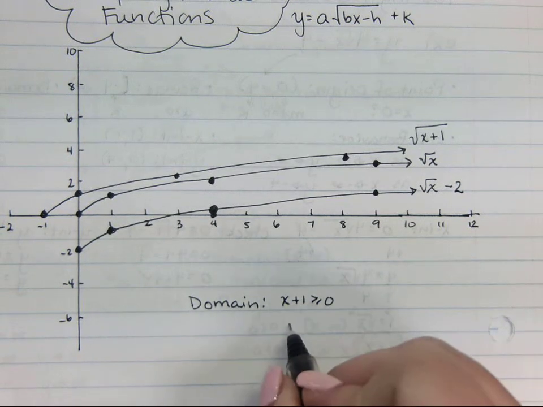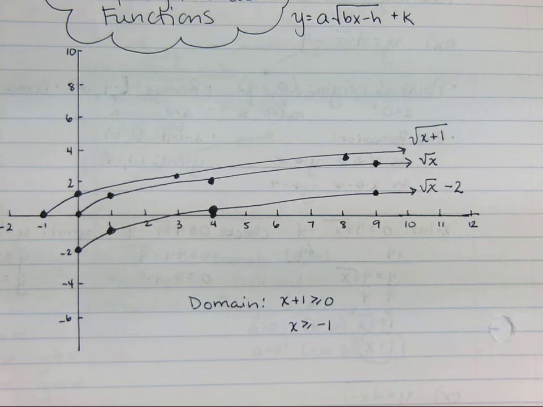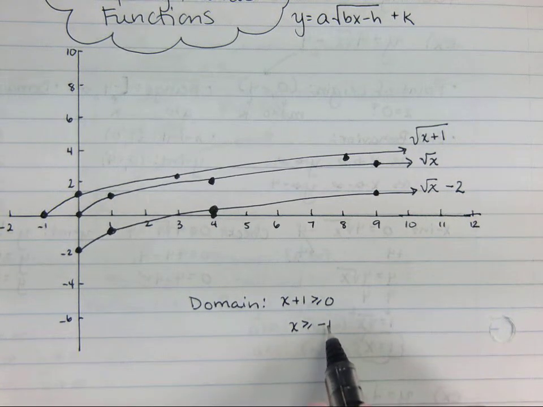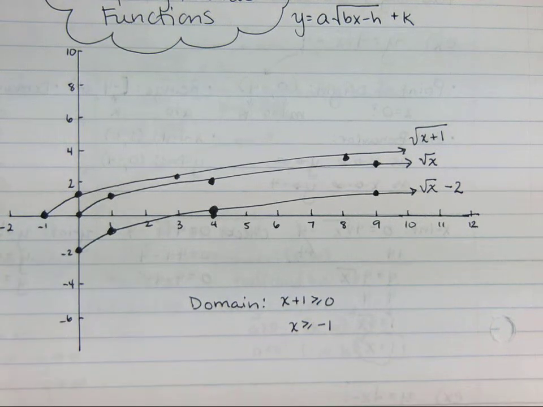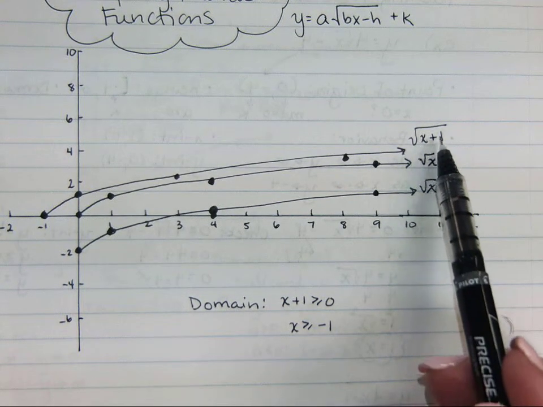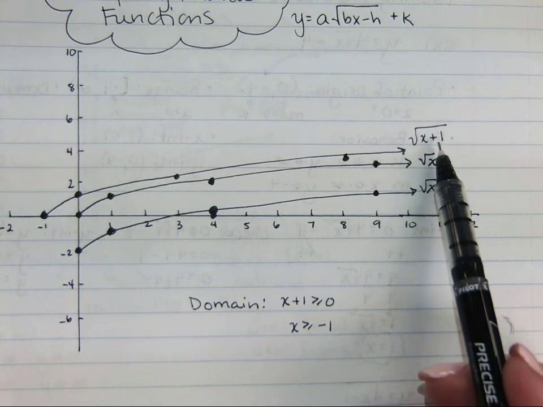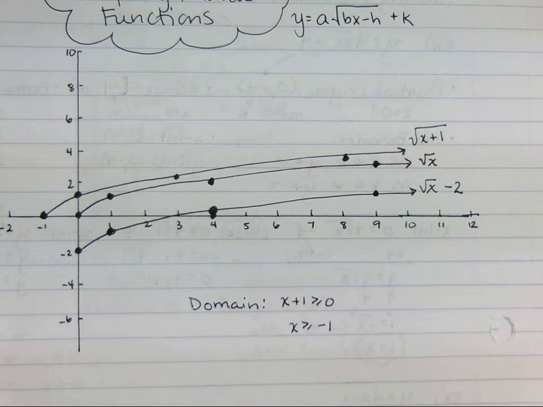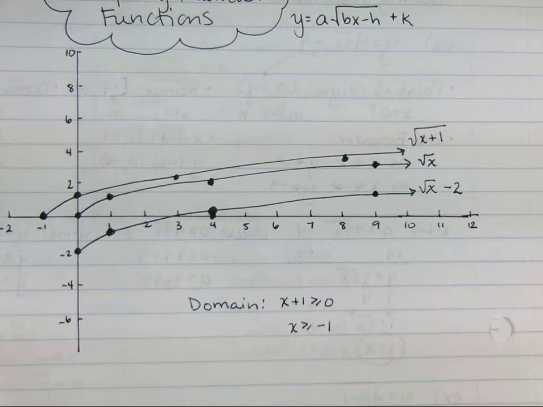And when I solve and move this term over, I get x has to be greater than or equal to -1. And that's why we're starting here at -1. So again, every time we have a value underneath the radical, as we've seen in other graphs, it's always the opposite direction of what we see because of how this property works. So if we're going to move to the left, we actually need to write it as a positive.